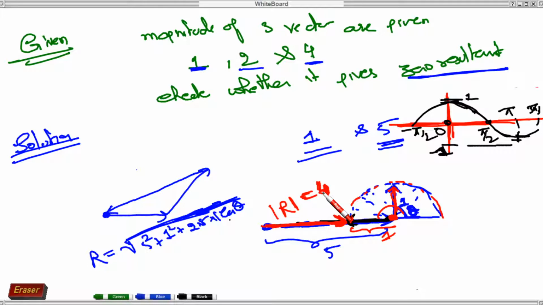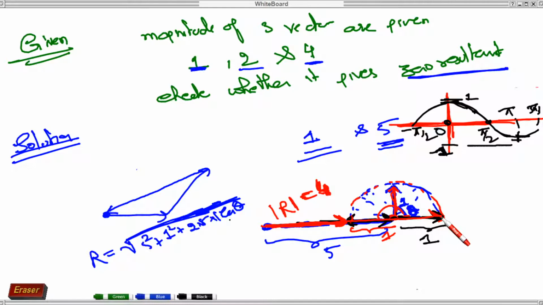What would be the maximum resultant value? If this vector is here, this one is the 5 vector and this one is the 1 vector.